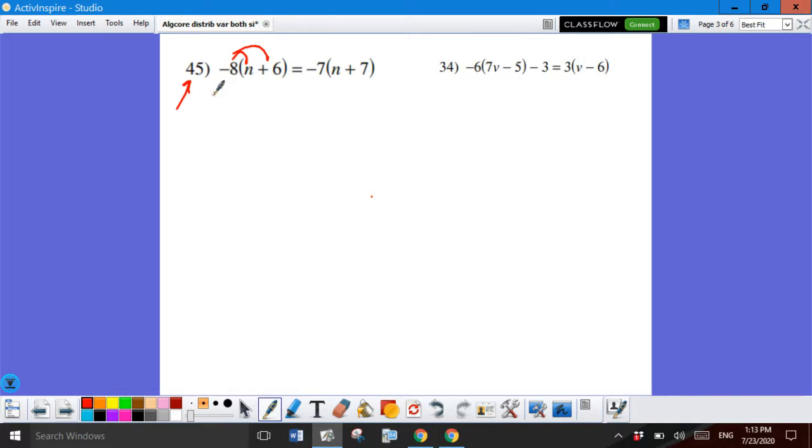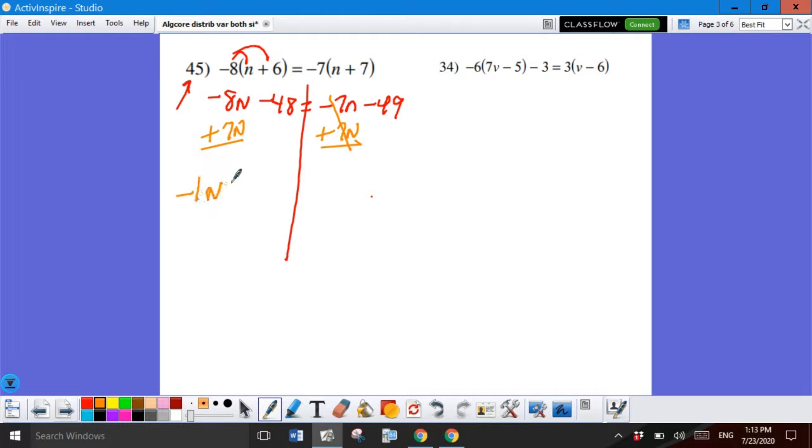All right, here we go. Negative 8n, negative 48, and negative 7n, and a negative 49. Okay, first thing I'm going to do is move the n's. Gone. So negative 1n minus 48 equals negative 49. Okay, now I know I have to move my 48 first.